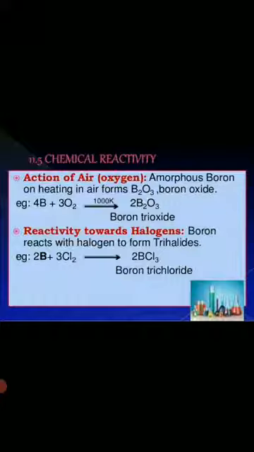Similarly, the last element, thallium, will also form a protective layer of oxides on its surface, and the elements form E2O3 type of oxides. Students, reactivity with halogens. Boron reacts with halogens to form trihalides. Boron B plus Cl2 will give BCl3. So they form the halides of the type EX3.